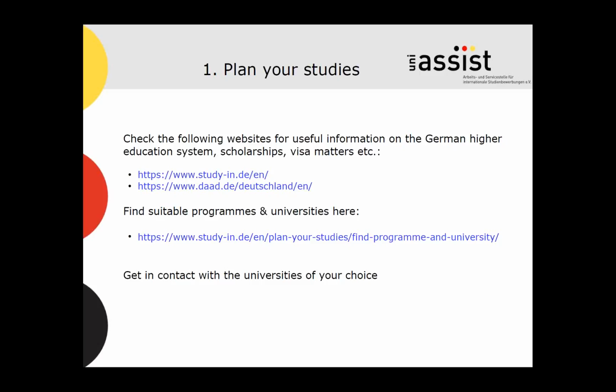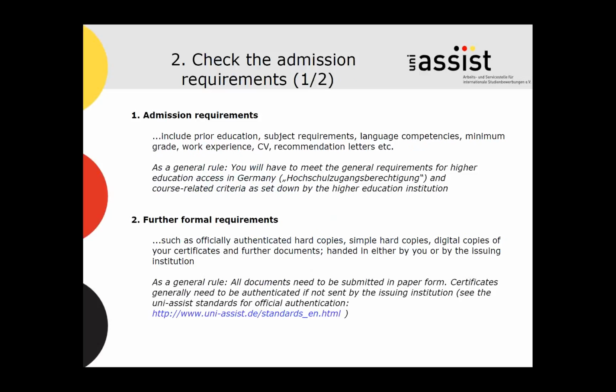Then, after you have found out what you want to do and which university is of interest to you, get in contact with the university of your choice. You will then find out what the admission requirements are, such as the general admission requirements that include prior education, subject requirements, language competencies, a minimum grade, work experience, CV, recommendation letters, and so on.